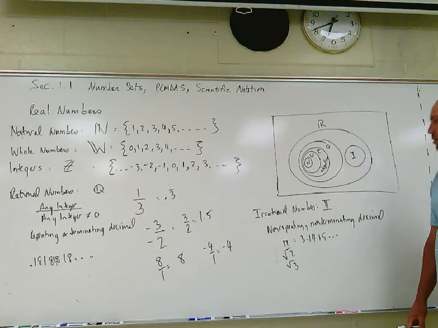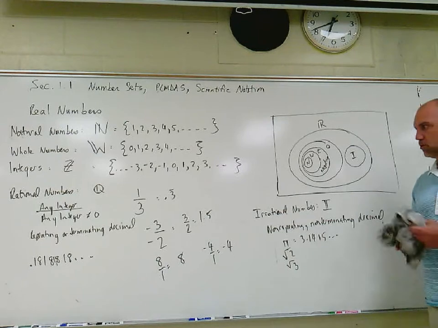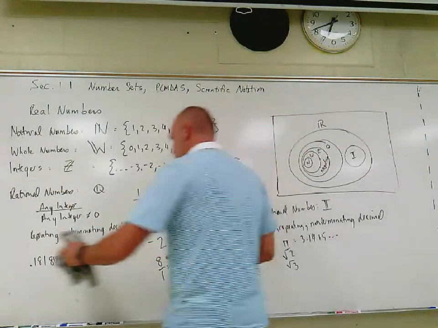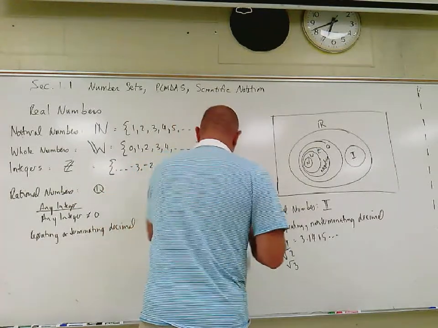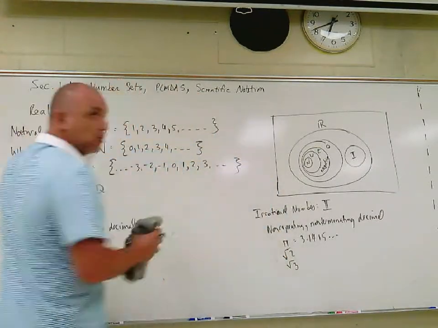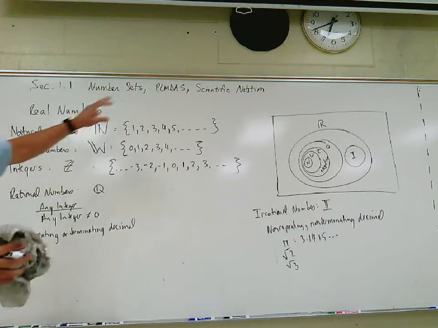Okay? So, here's how it works. I write a number on the board. You say what all sets it belongs to. I would just write the letter that corresponds. I wouldn't try to write the words.